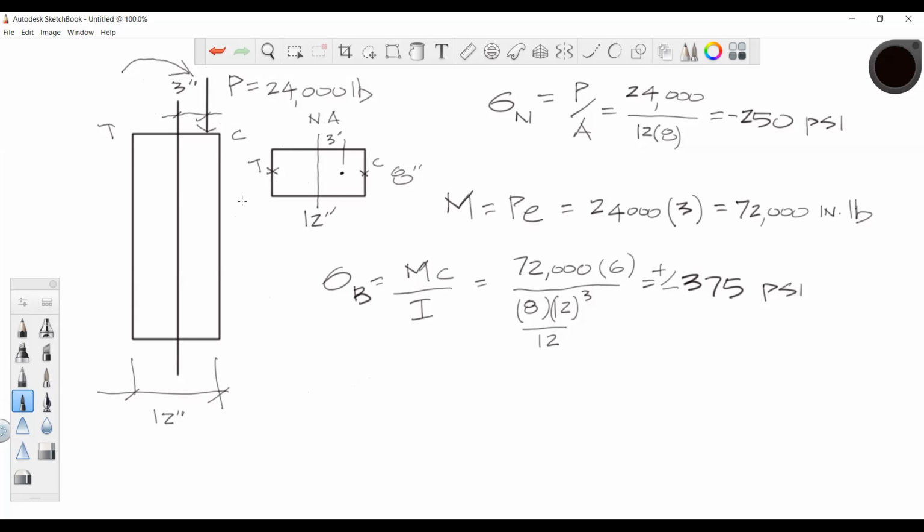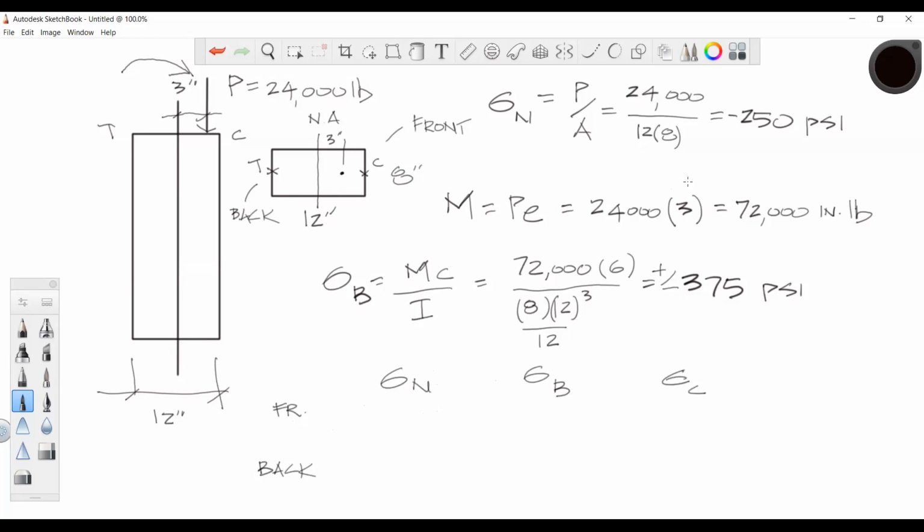So we can set up a chart. If we call this the back and this the front of that column, we can say that the front and the back, we have a normal stress, we have a bending stress, and we're going to have a combined stress.